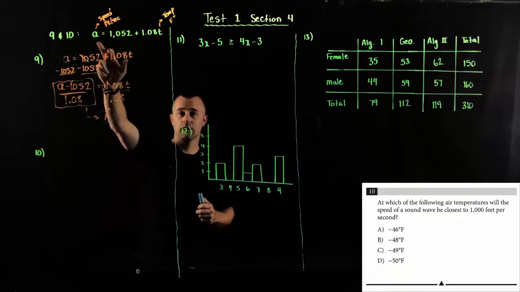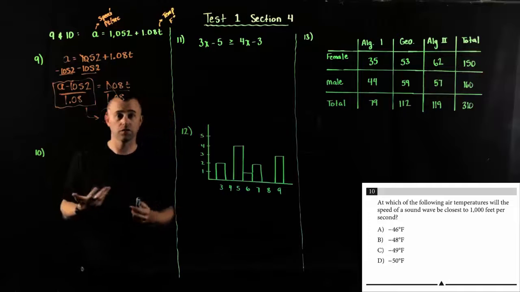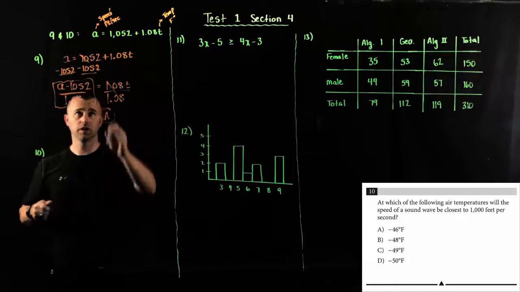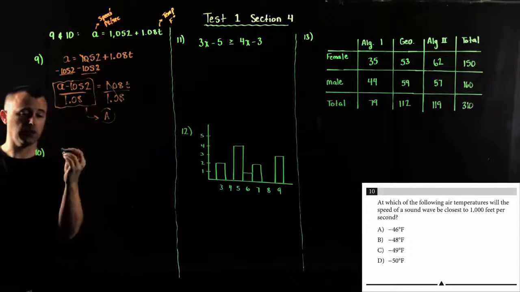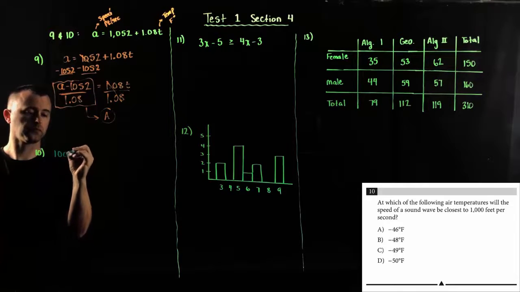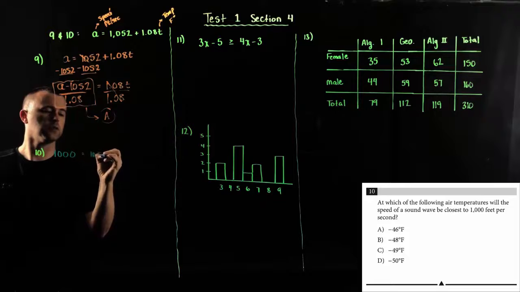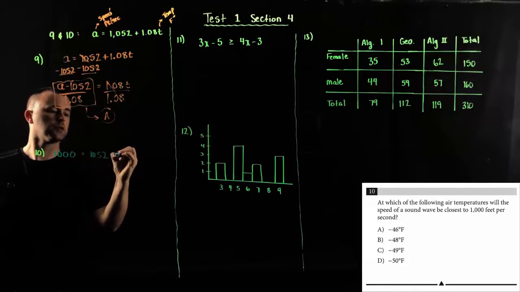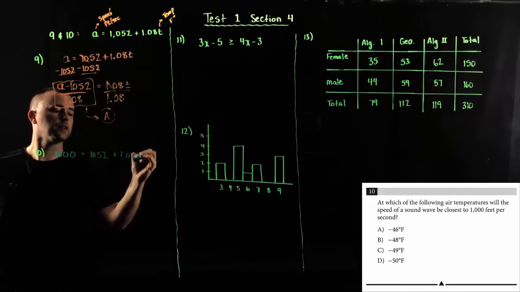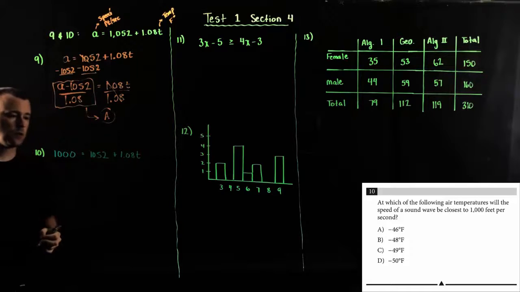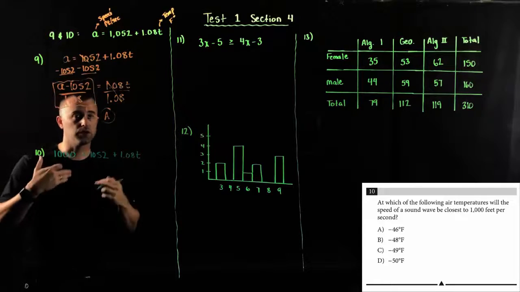They're giving me A. What they're asking for is T. So all I'm doing is plugging in for A. So I'm going to plug in 1,000, and that's going to equal 1,052 plus 1.08t. So we're just solving this for t and seeing which answer it's closest to.